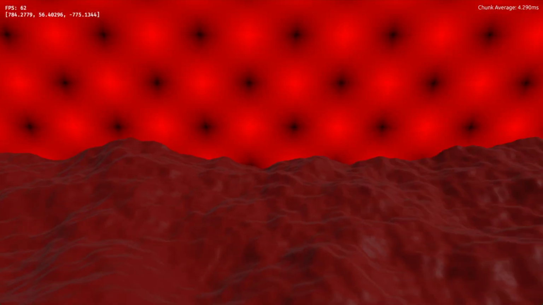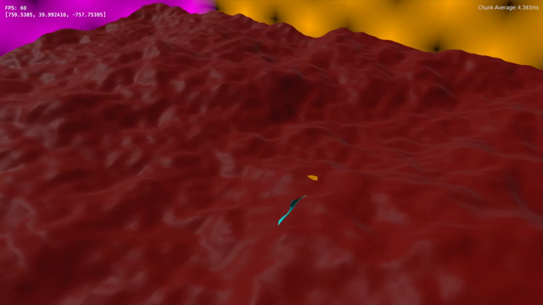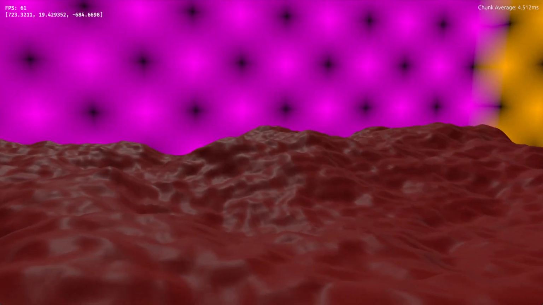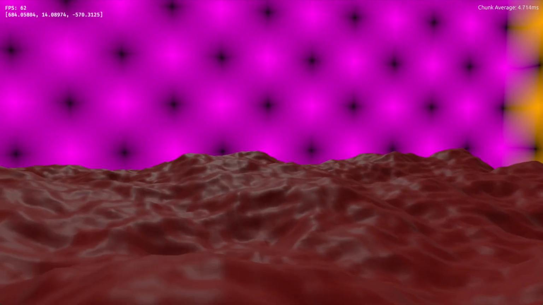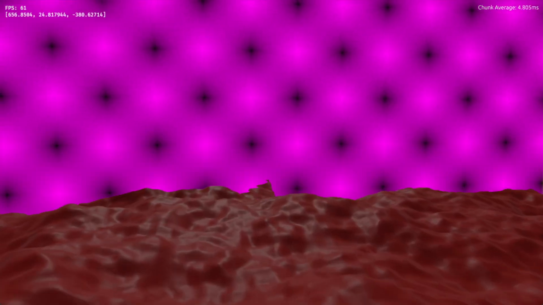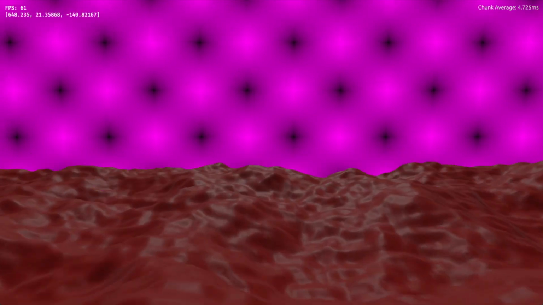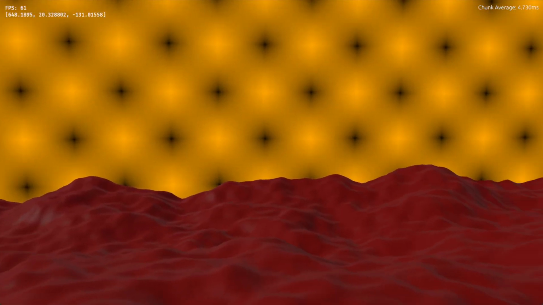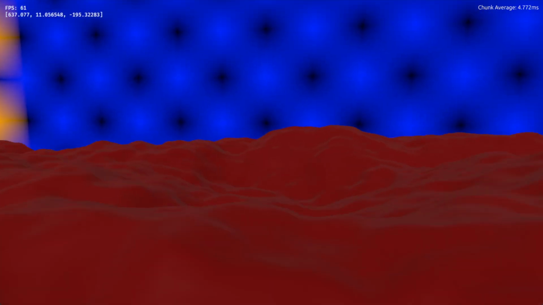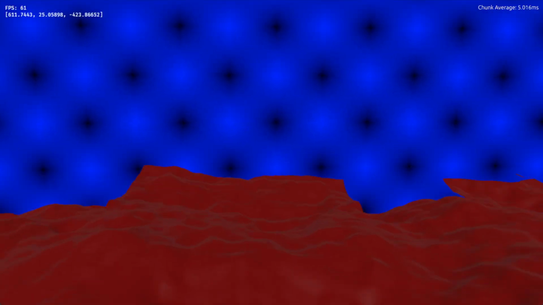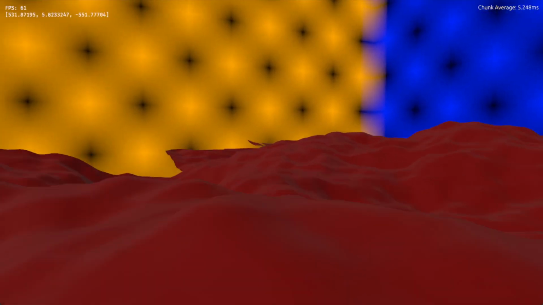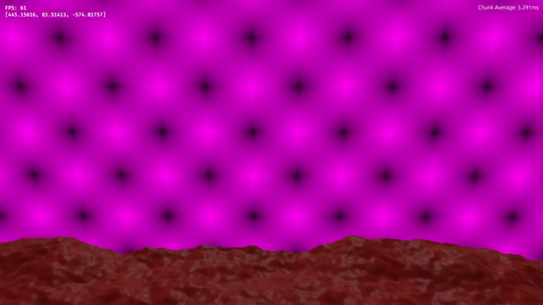So let me actually go. There was one that I was investigating a little bit more closely. I wrote down the coordinates here. It's 450. Oh, whoops, I went the wrong way. Oh my gosh, I'm getting lost. Hold on.